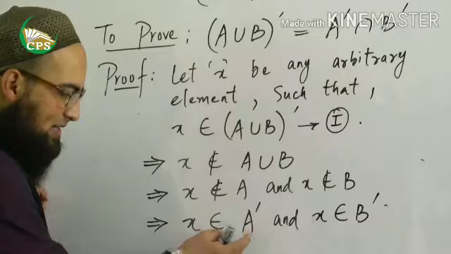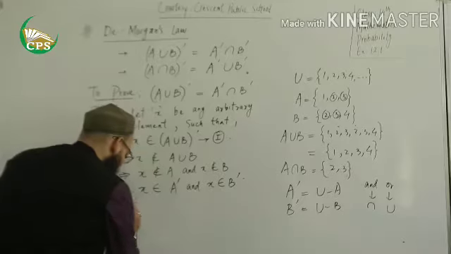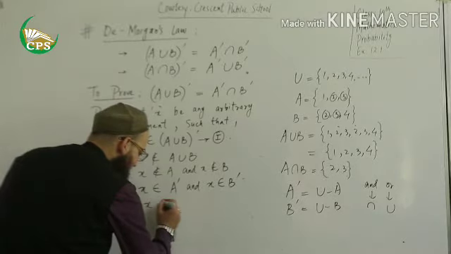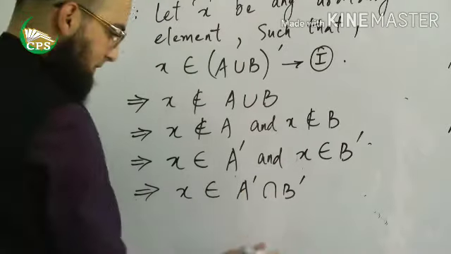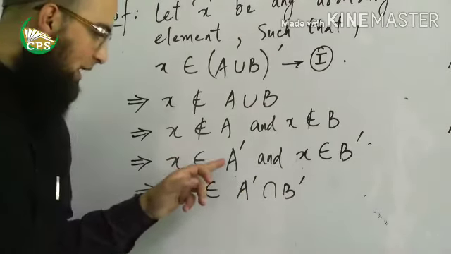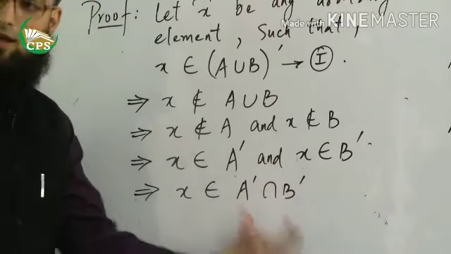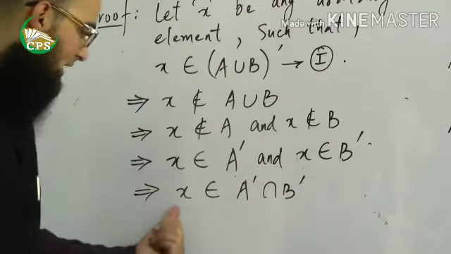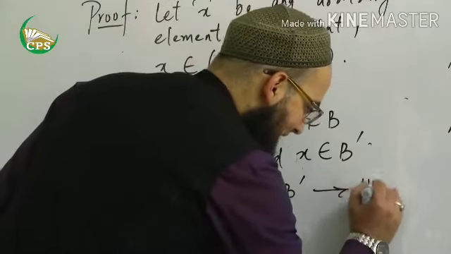Now, X is present in both A complement as well as B complement, so I can say X belongs to A complement intersection B complement. Got it? Since X belongs to A complement as well as to B complement, it's present in the intersection of A complement and B complement. Now let us call this second.